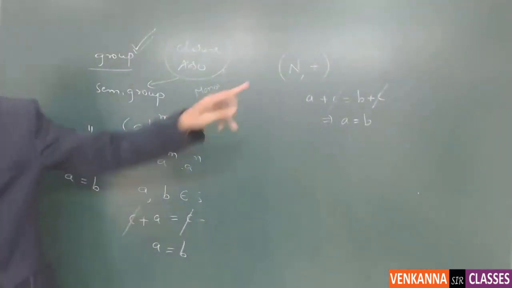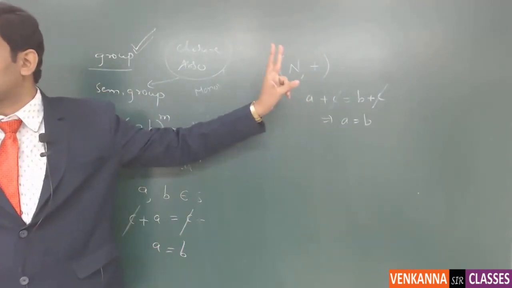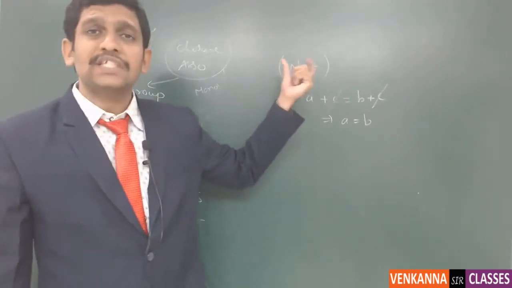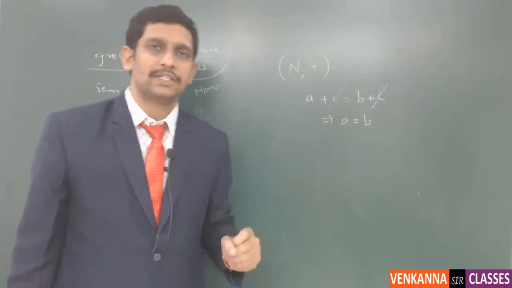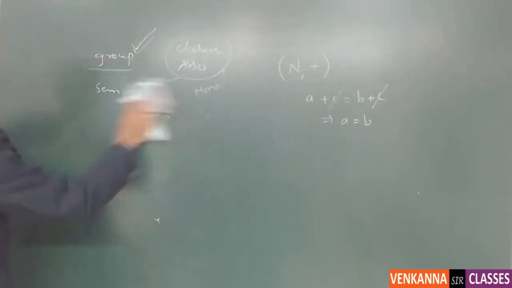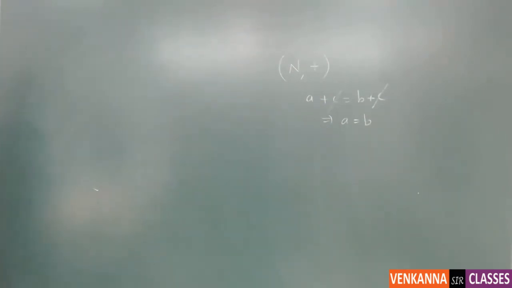We know that (N, +) is a semi-group because it has only two properties, closure and associative. The identity property is not there because 0 is not an element in the natural numbers. We already checked that part while discussing the group. So cancellation laws hold in this semi-group, but it need not be a group always.